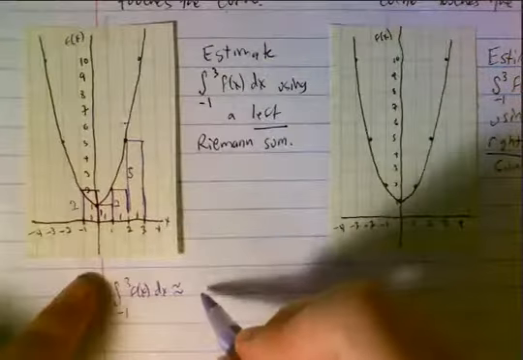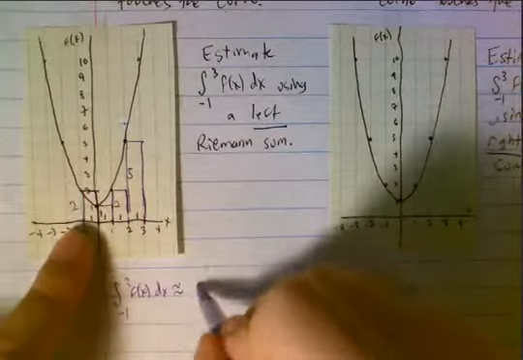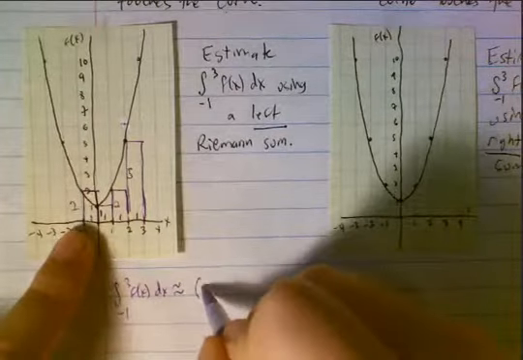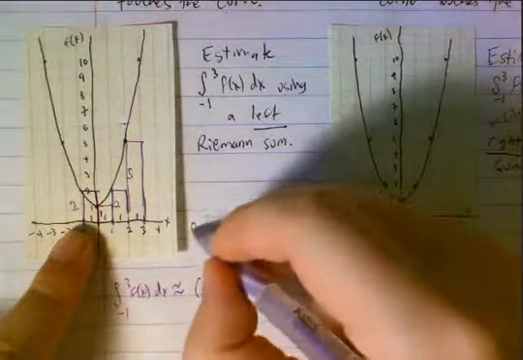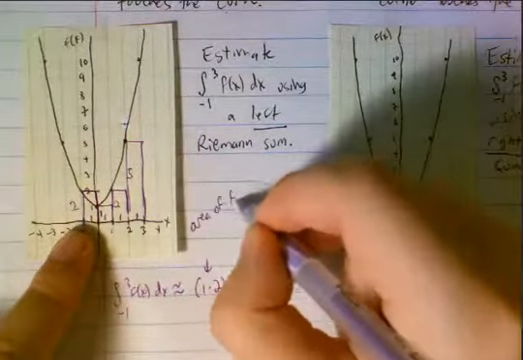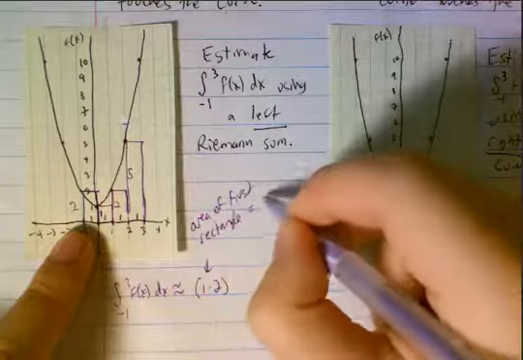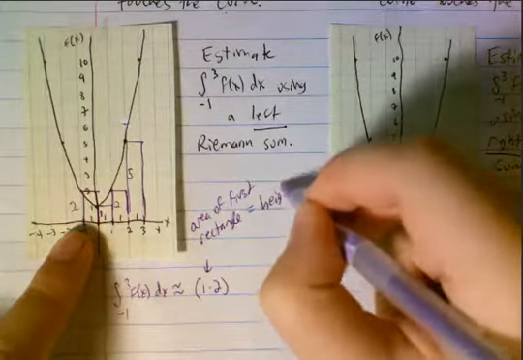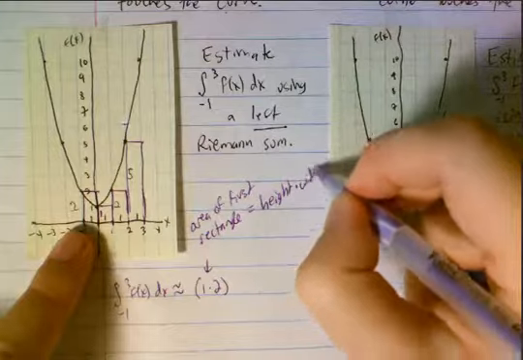So I'm just going to do height times width for each one. This first one, the area is 1 times 2. So area of first rectangle equals height times width.